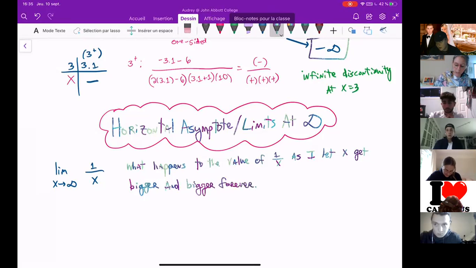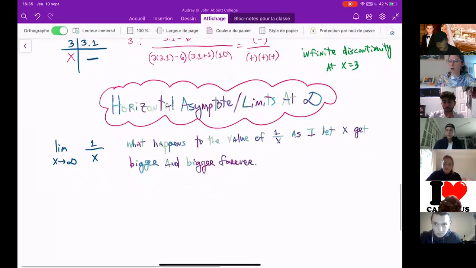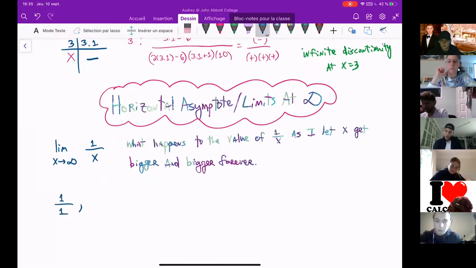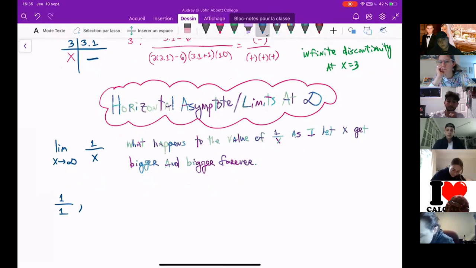So we're going to do a really similar thing to what we did when we understood that dividing by 0 meant infinity. We're just going to start with 1 over 1. What's a value that's bigger than 1? 2. Let's go with that. 1 over 2.